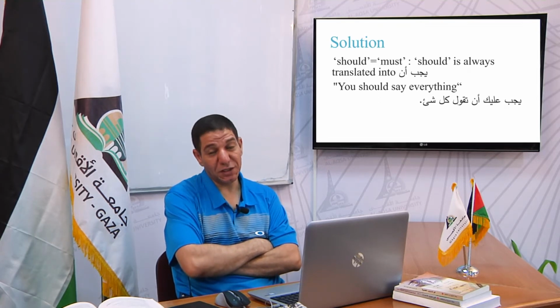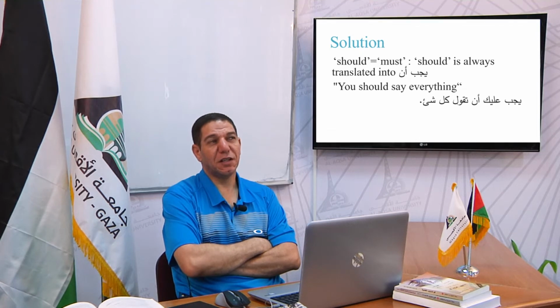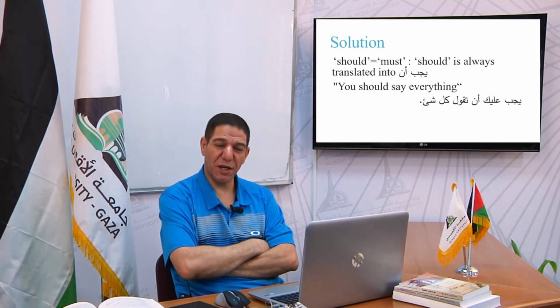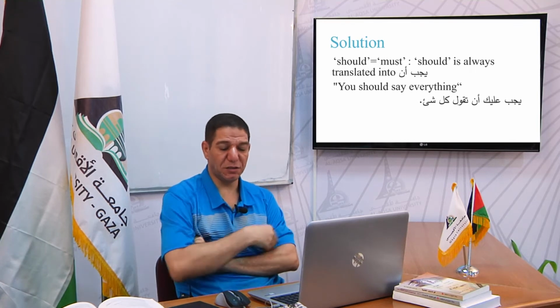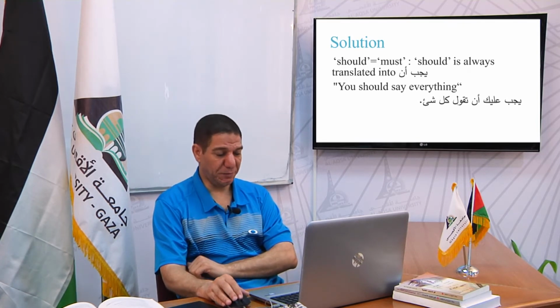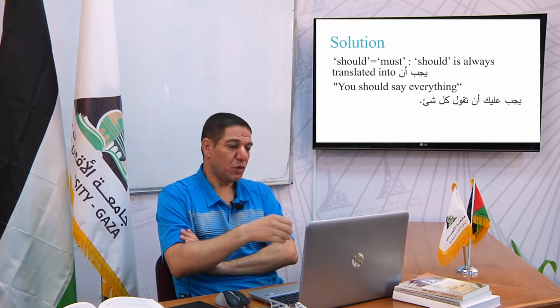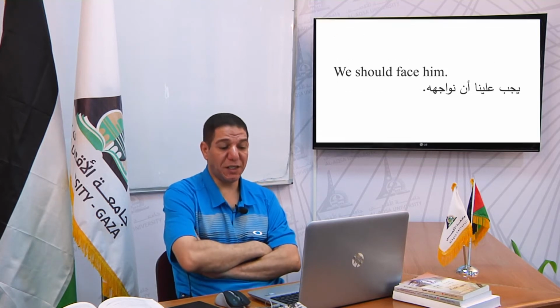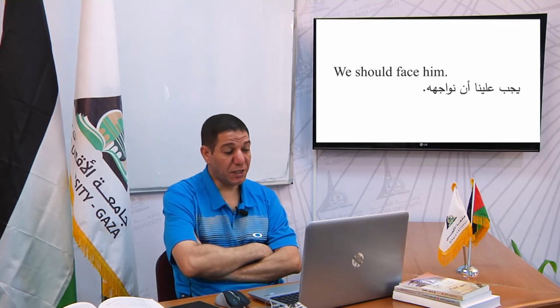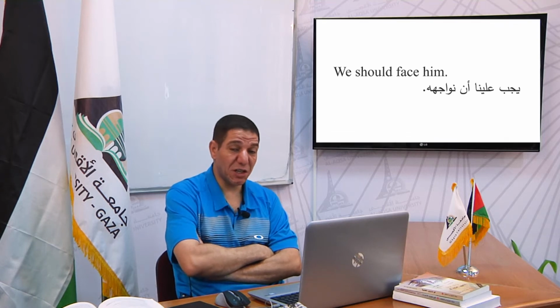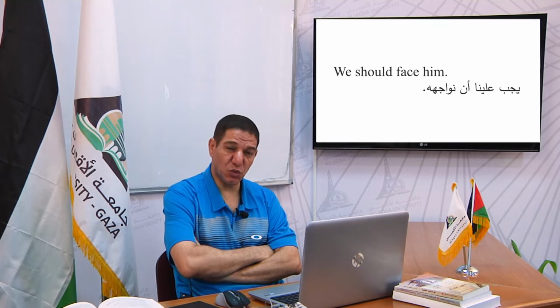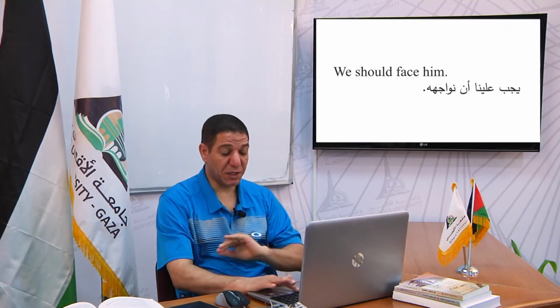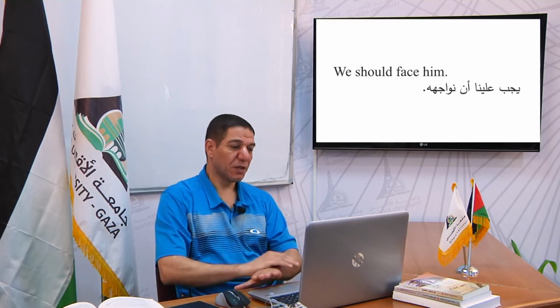But again, when it is compared with ought, you can say ينبغي. Okay, you should say everything. يجب عليك أن تقول كل شيء. We should face him. يجب علينا أن نواجهه. يجب علينا مواجهته. Changing the verb face into noun. Remember the class word shift.